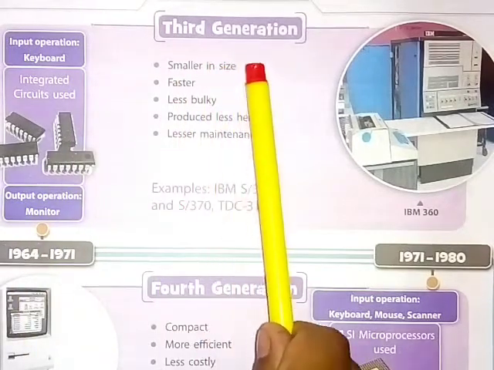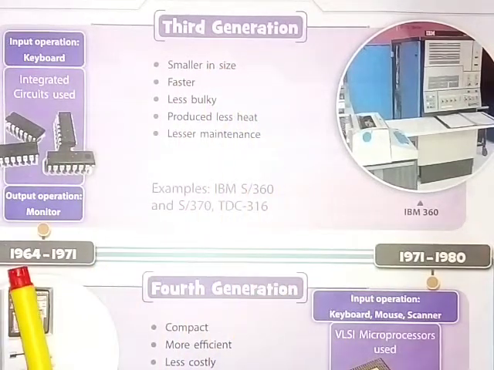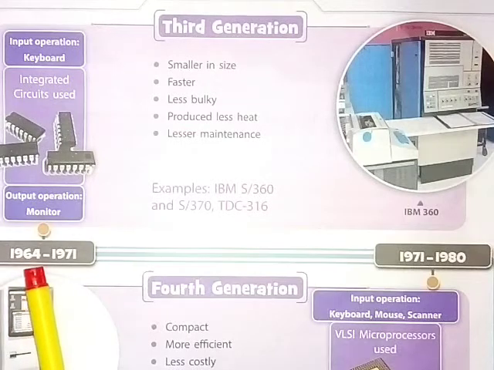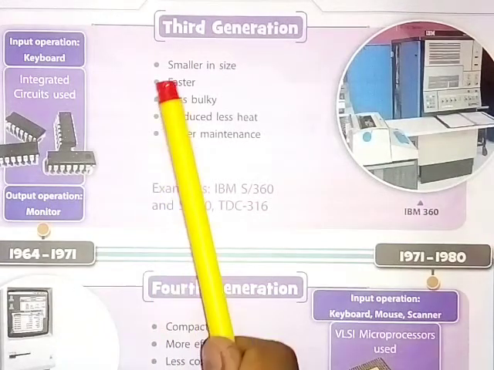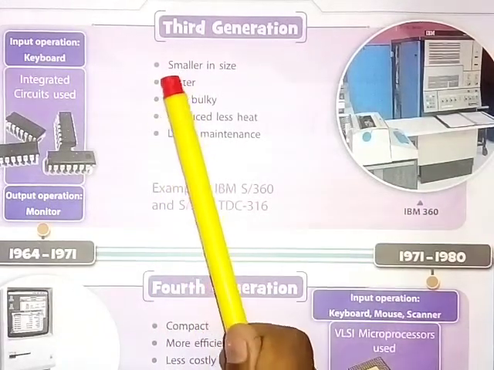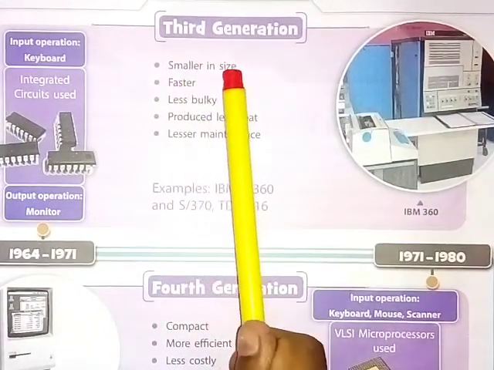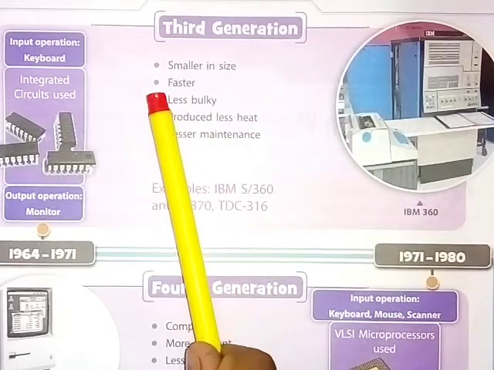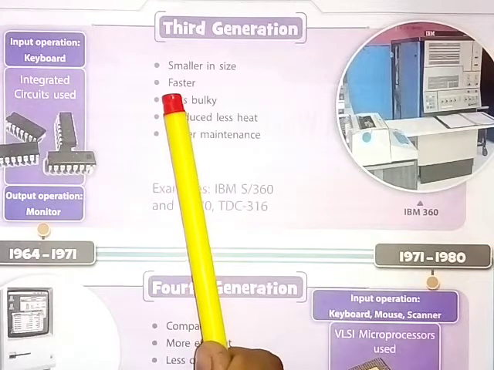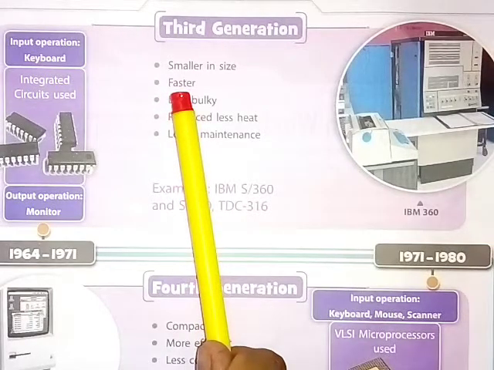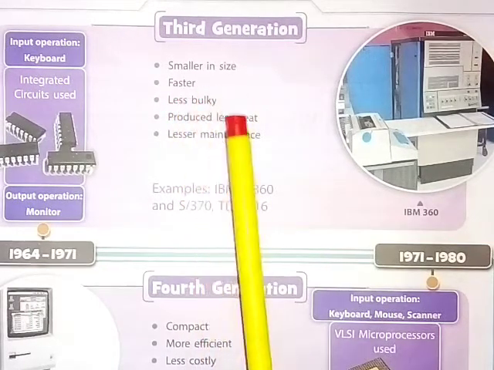Third generation started in the year 1964 and ended in 1971. The computers were smaller in size. They were faster than first generation and second generation computers.